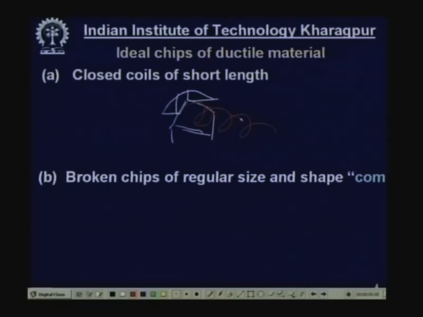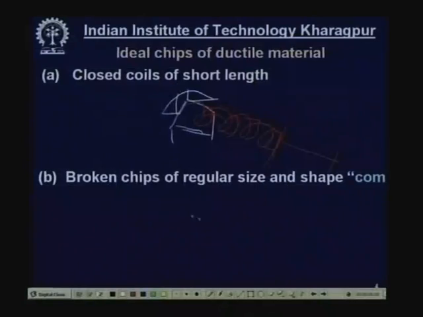You can see like this. Now, this will continue. If it continues, there is no problem like danger, but there is the collection and disposal problem. So, if it is made to break at regular distance in the form of small coils, then it is very ideal. It is neither dangerous nor difficult to collect and dispose.